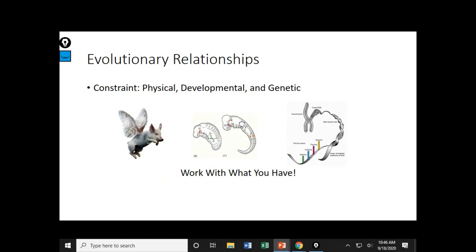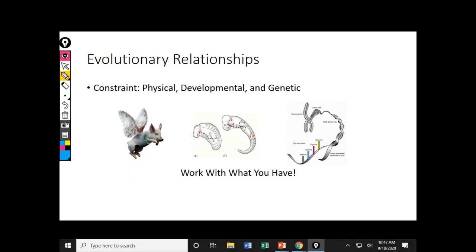As we think about the relationships between organisms, the reason we don't have an infinite variety of organisms on the planet in all of history is because there is some constraint on what types of organisms can exist.